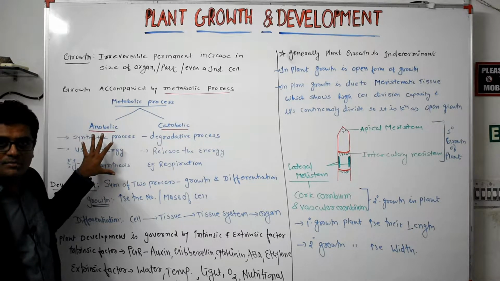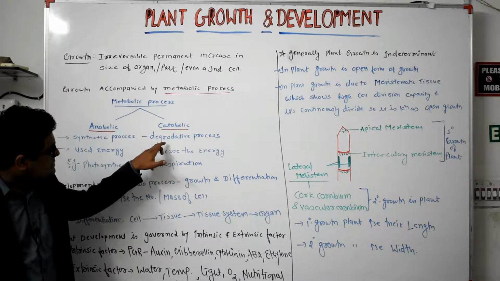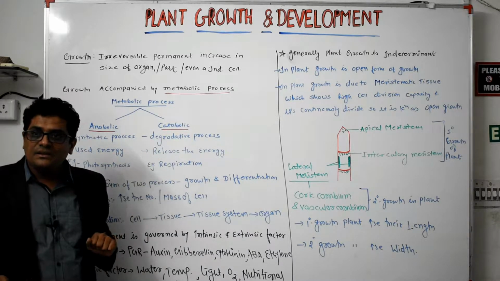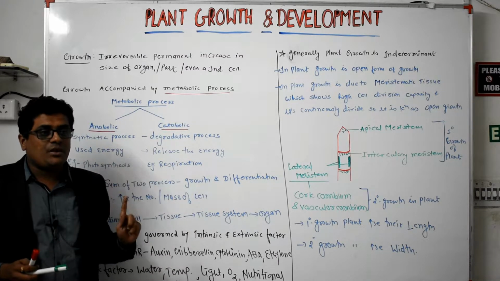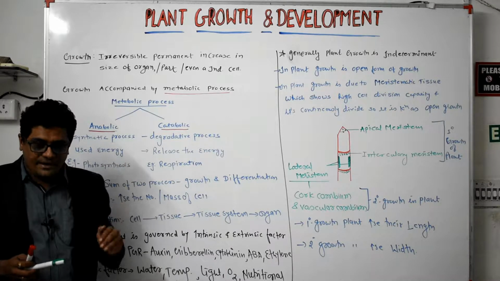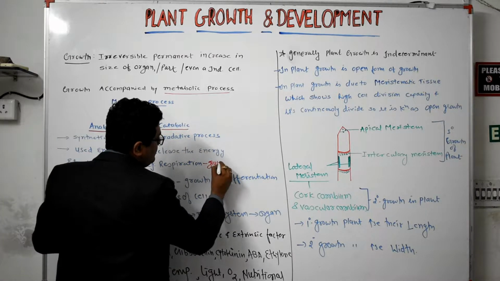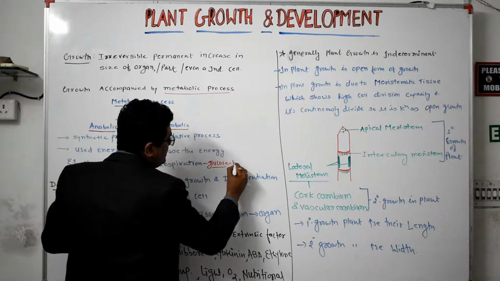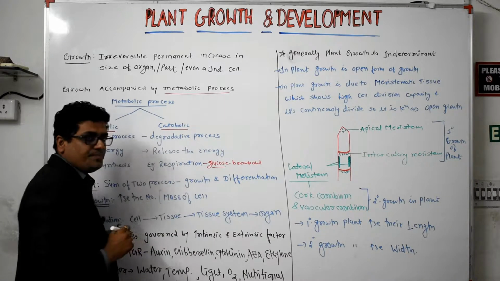This is called the anabolic process. Whereas the second one is the catabolic process, which is the degradative process. For example, respiration: during respiration the glucose breaks down and it releases energy.